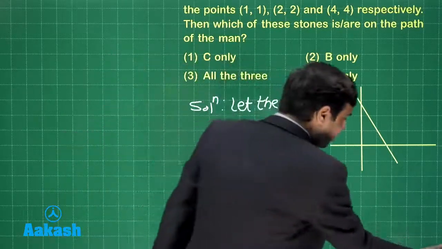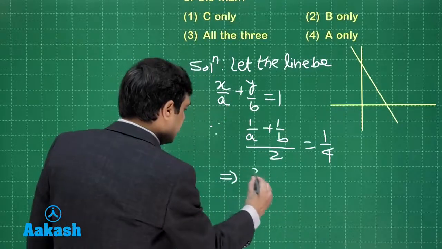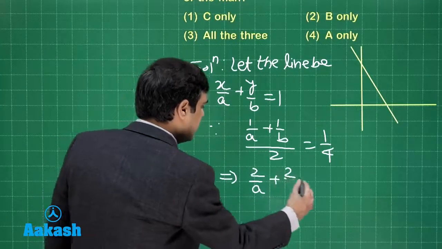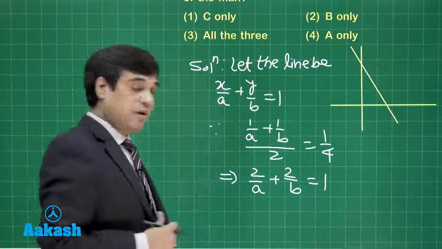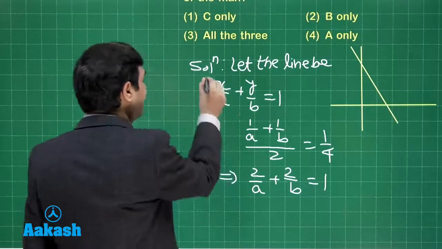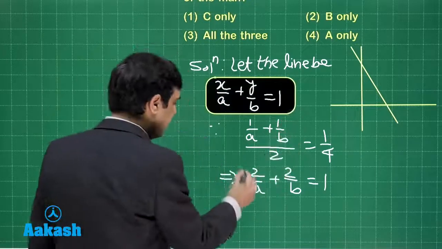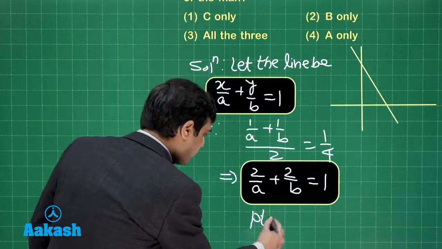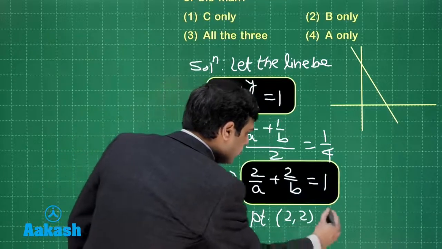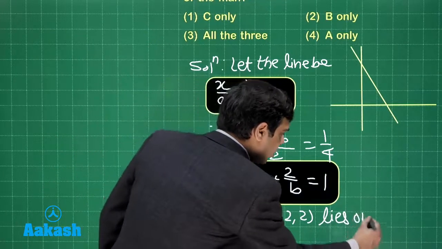That means the question is saying 2 by a plus 2 by b is equal to 1. If you compare this term with the considered equation, that is x by a plus y by b equals 1, you clearly see that the point (2, 2) lies on the line.